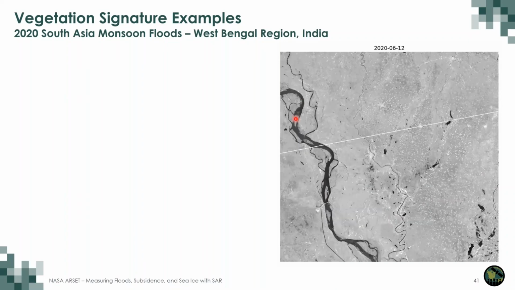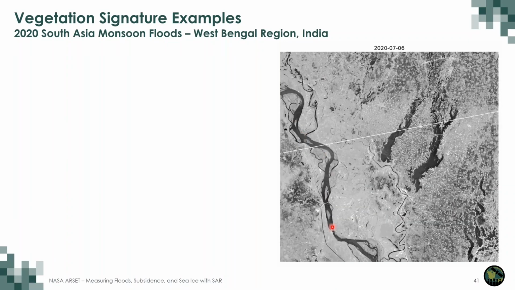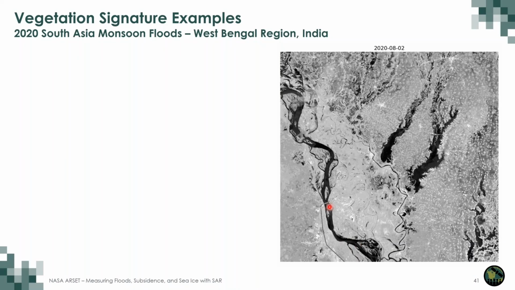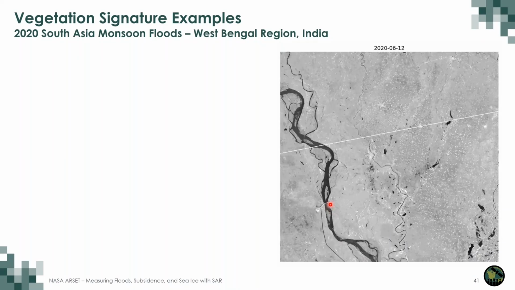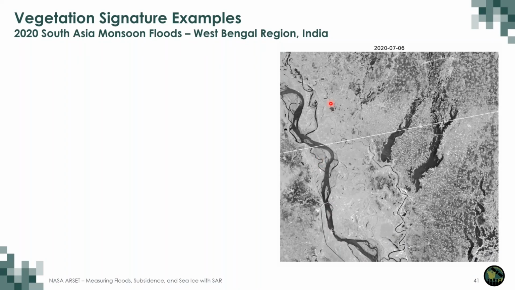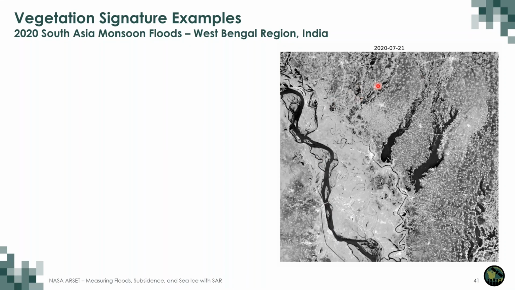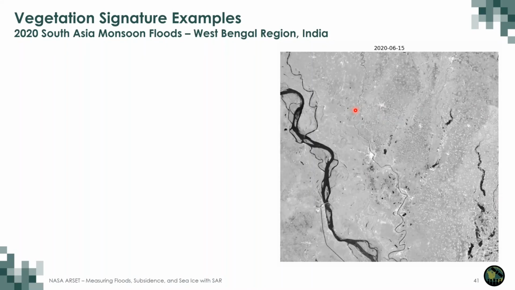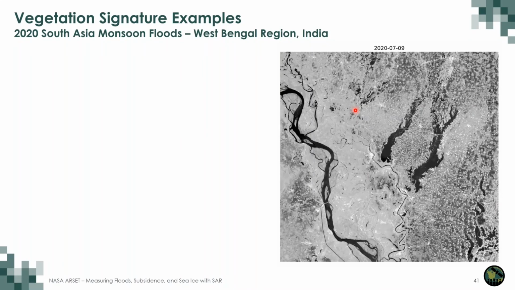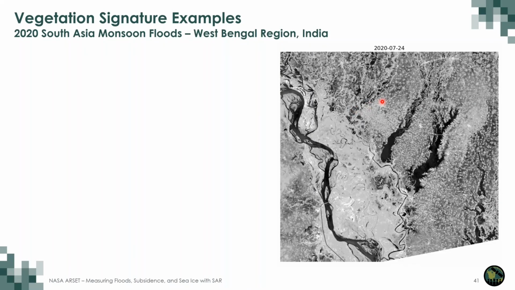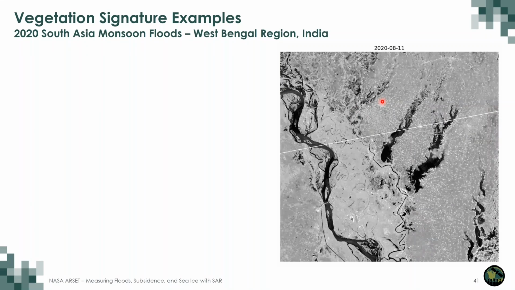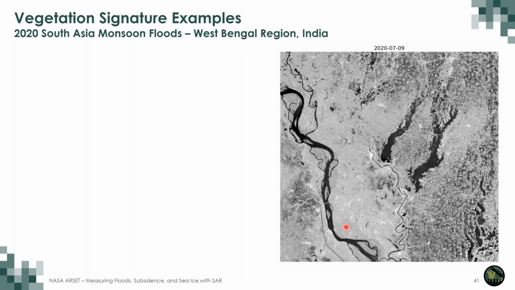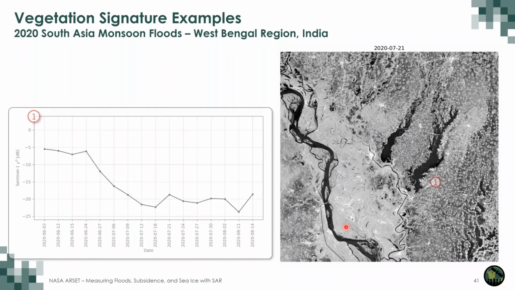The river that you see go through these data sets is the Ganges River. And you see that during some time steps early in the season, the background looks more or less evenly bright. This is at the end of the dry season. And then as rainfall sets in during the monsoon, you see more and more dark patches show up that indicate surface water.